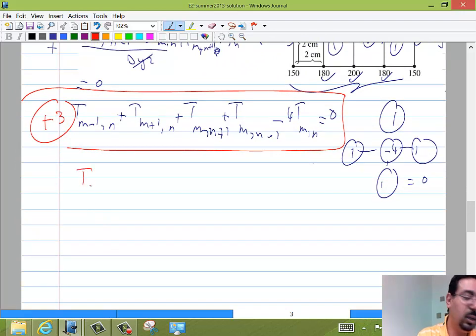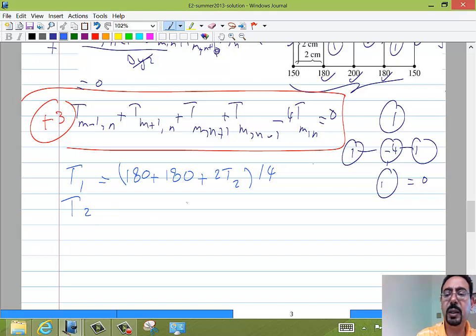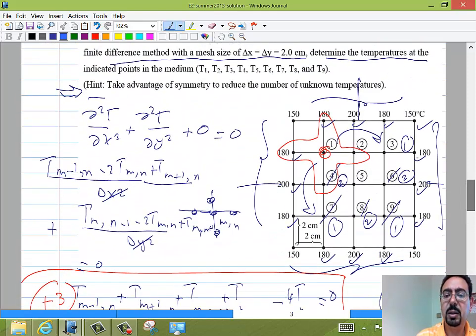So it will end up being T1 equal to 180 plus 180 plus 2T2 over 4. So why 180 and 180? Because there's 180 to the top, there's 180 to the left. And why are there 2 T2?